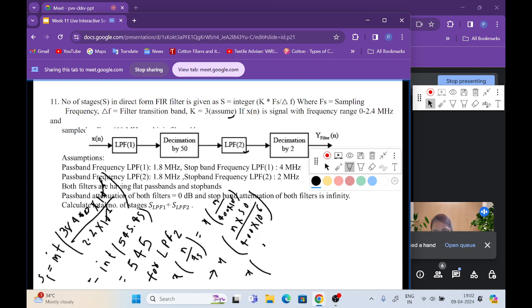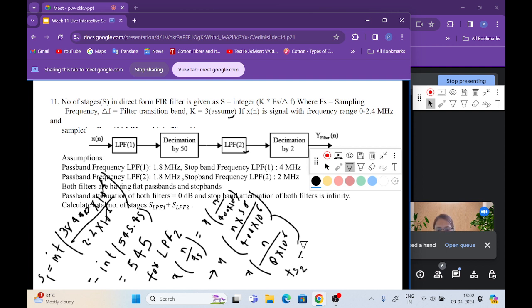If you divide, we will get 8 into 10 to the power 6. So for low pass filter 2, the sampling frequency is 8 megahertz.